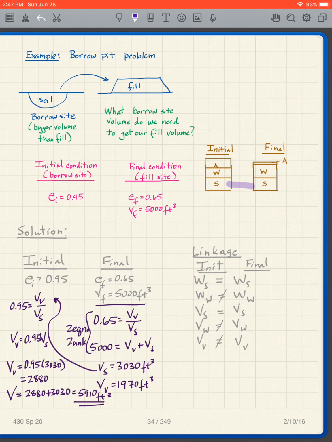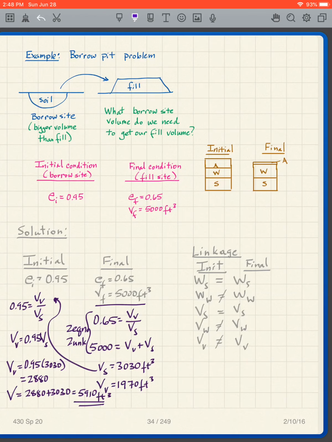If you're drawing a picture like this, you're trying to help yourself visualize what's going on. And so when I draw this, I want to draw this initial volume of the solids to be the same as the volume of the solids final, because we are not going to add or subtract solids. So they are the same.